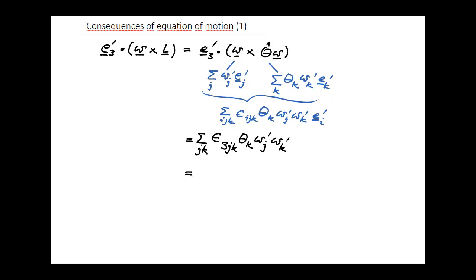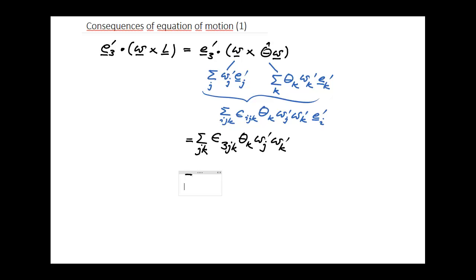Either j is 1 and k is 2, or j is 2 and k is 1. In both cases, the product omega j prime, omega k prime gives omega 1 prime, omega 2 prime. The difference is in the theta k, in one case it's theta 2, and in the other case it's theta 3. And these two cases also differ by a sign.